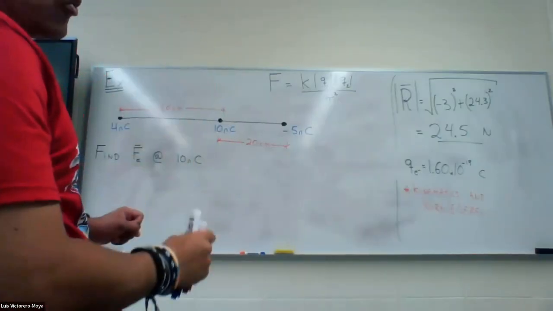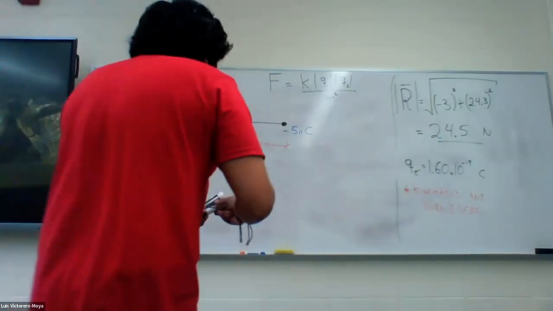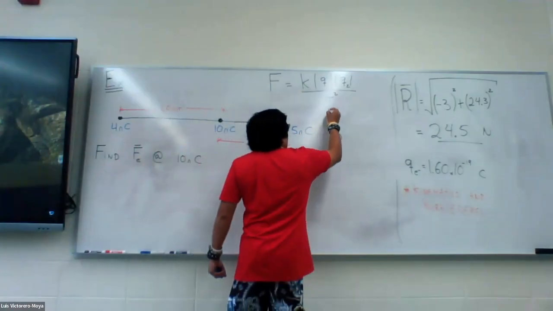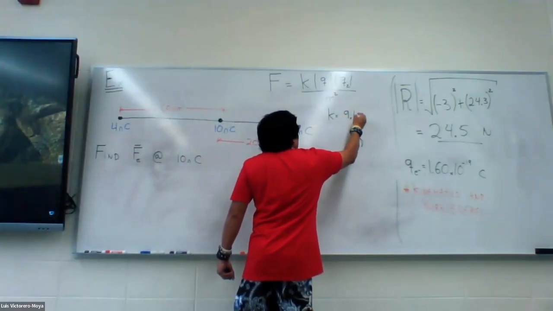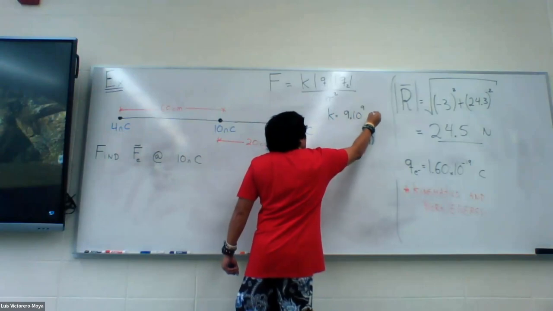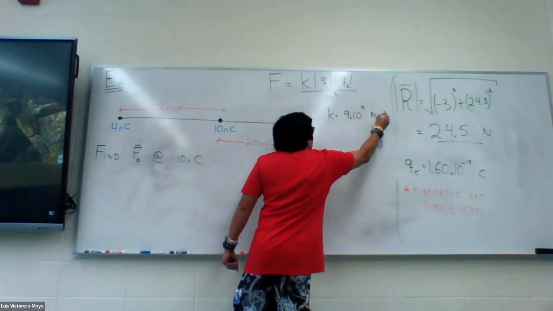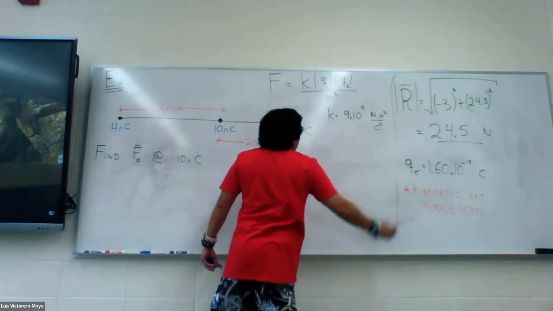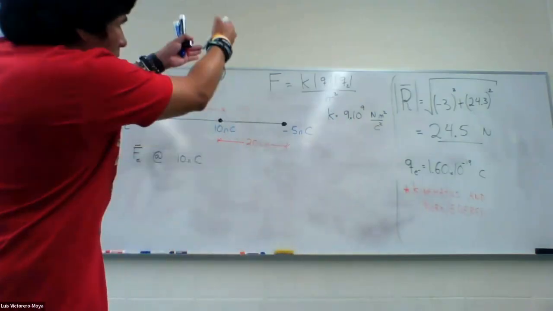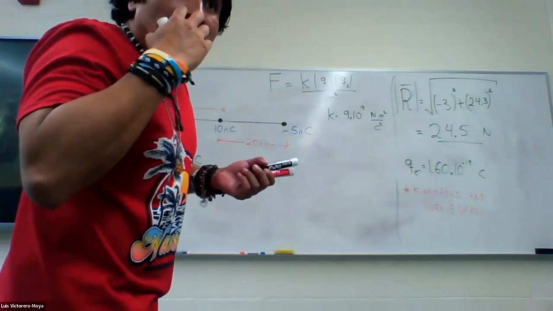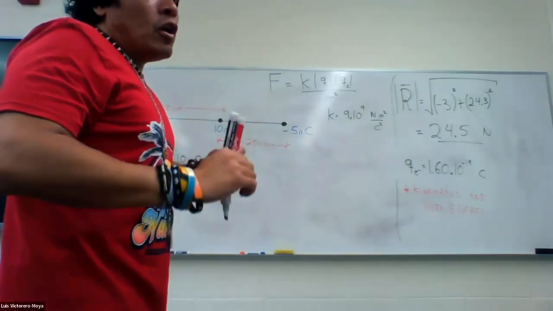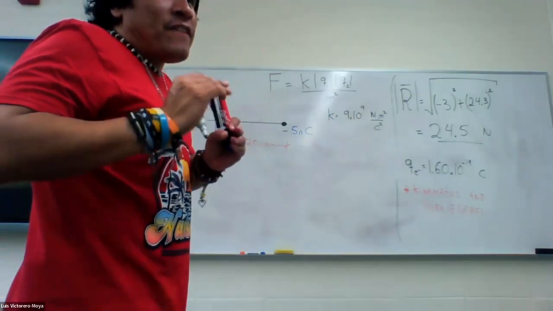Q1 and Q2 have to be in coulombs. And we know that K, I'm going to use 9 times 10 to the 9 newton meter squared over coulombs squared. And the values of the charge are in absolute value, so I'm just going to use the magnitude of the charges. But we have to be careful though, because the electric force is a vector.